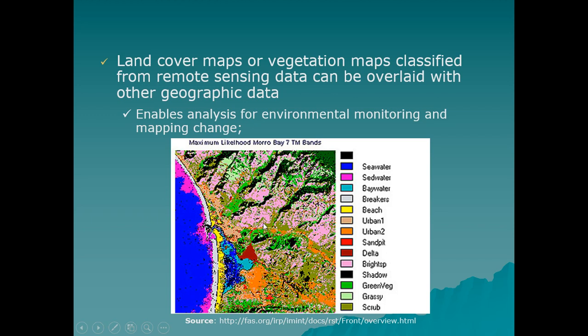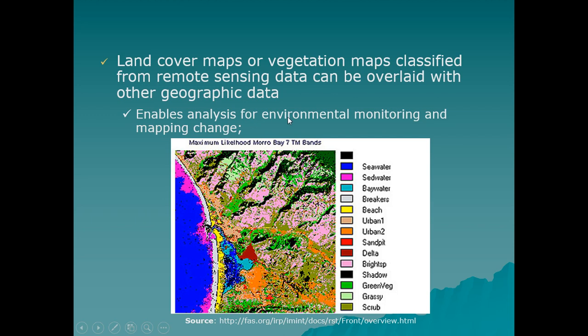Those various bands and categories within bands have been represented using different colors. They have assigned attribute information to the different colors, but the different colors actually represent numbers representing the bands or the wavelengths. So this information here is an example of land cover or vegetation maps.